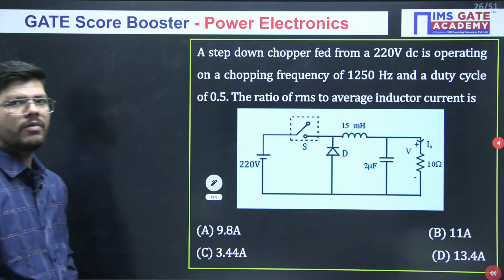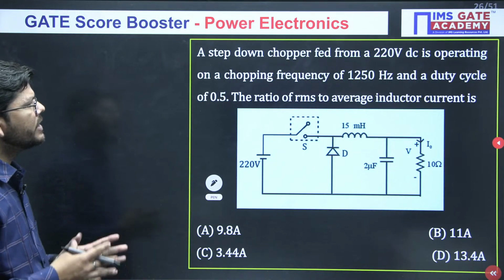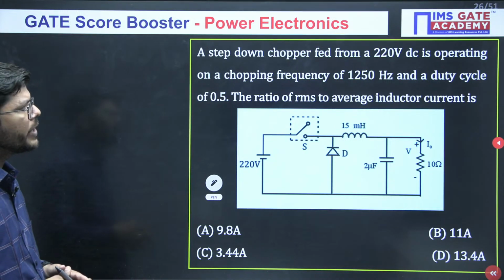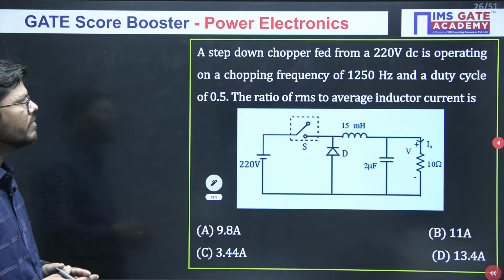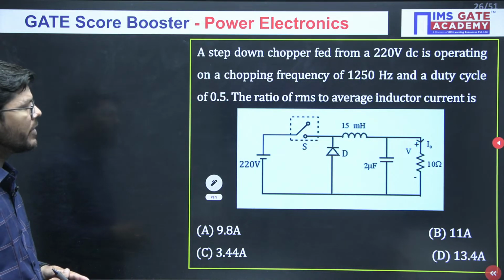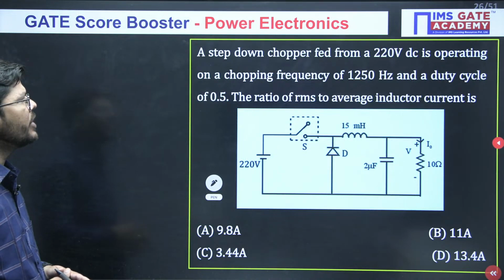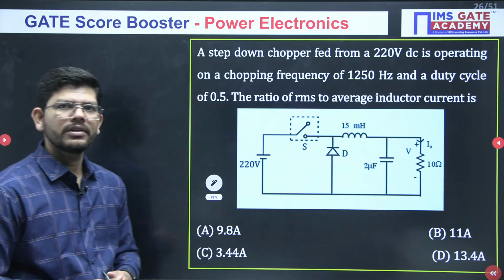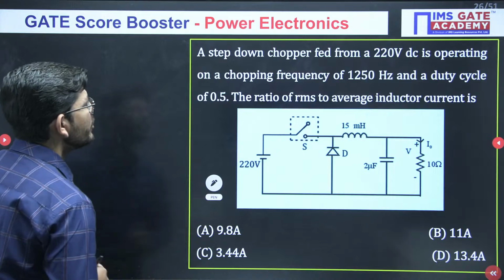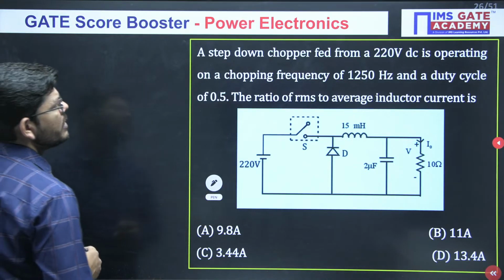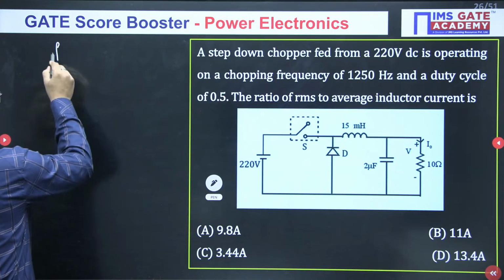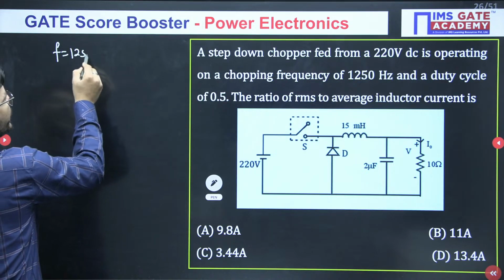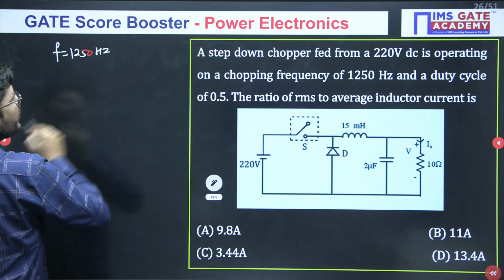So just see this question. What has been given here is a step down chopper fed from 220 volt DC, operating at a chopping frequency of 1250 Hz and a duty cycle of 0.5. The ratio of RMS to average inductor current will be what? Okay, so what is given to us? The frequency is given, 1250 Hz.